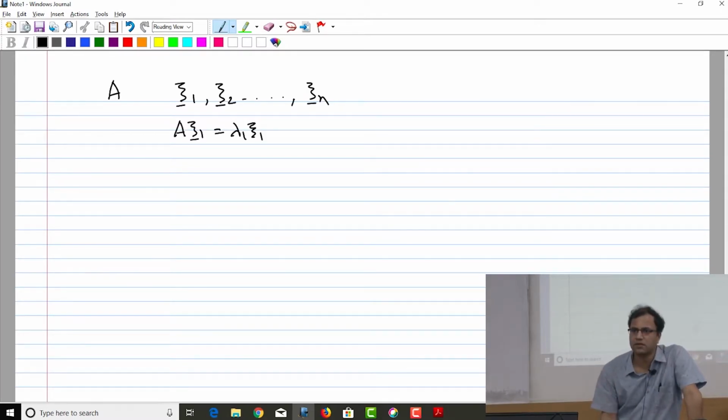Lambda 1 will be unique; lambda 1 and lambda 2 cannot be the same for two different eigenvectors, which we have already proved.